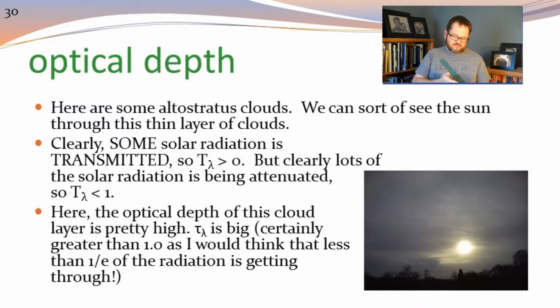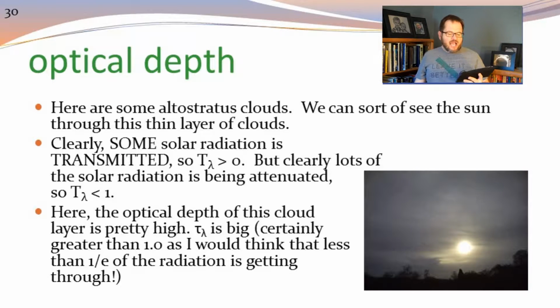Just as another example here, if you look in the picture, there's a layer of altocumulus and altostratus clouds, which you may or may not remember from classes like ATS/EVS 533, but they're fairly thick, and they don't really let a lot of sunlight through. In fact, I don't recommend looking directly at the sun, but you can take a glimpse at the sun right through altostratus clouds, and you can actually see the disk of the sun a little bit.